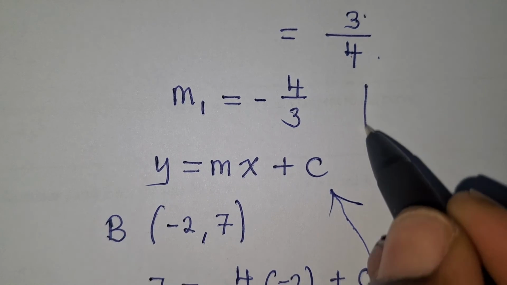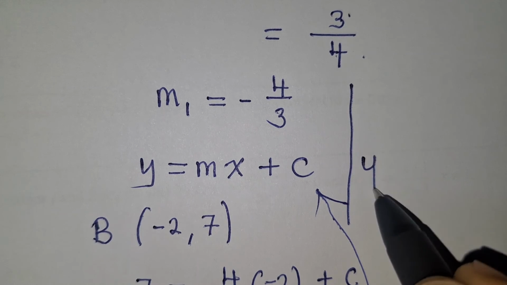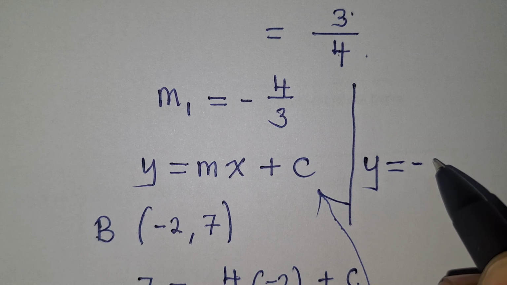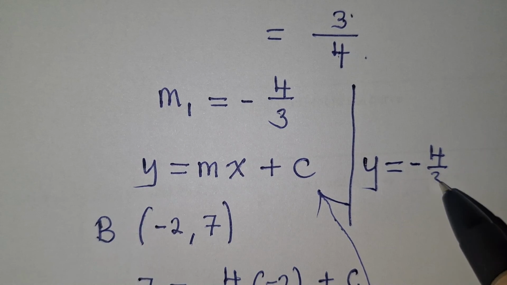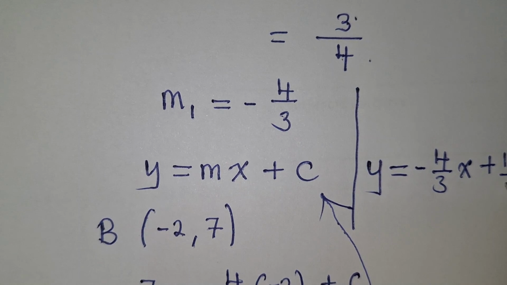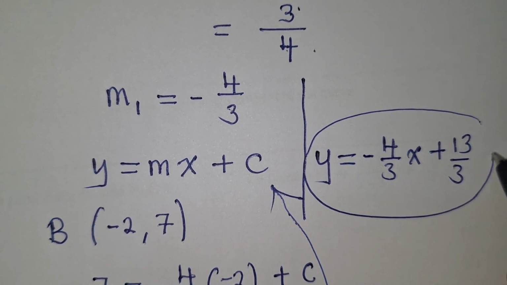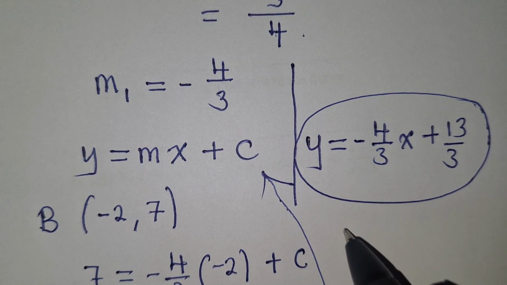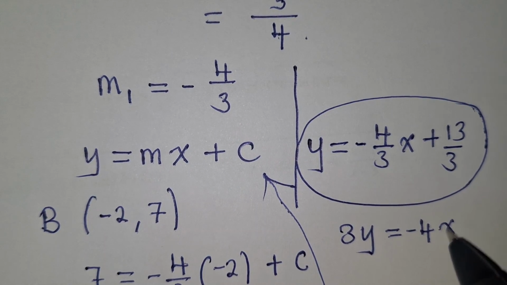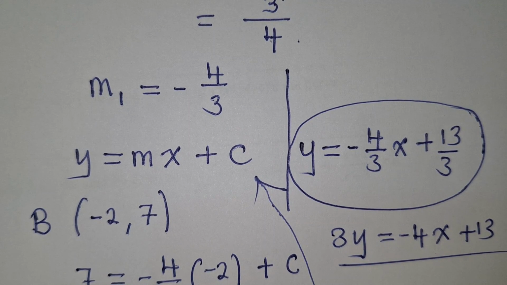So we can now say the equation of the straight line that we are looking for, which is perpendicular, is y equal to m, which is -4 over 3 x, and our c is 13 over 3. So you can either leave your answer like this, or you can multiply throughout by 3 so that you remain with this as our answer. Either this or this is okay.